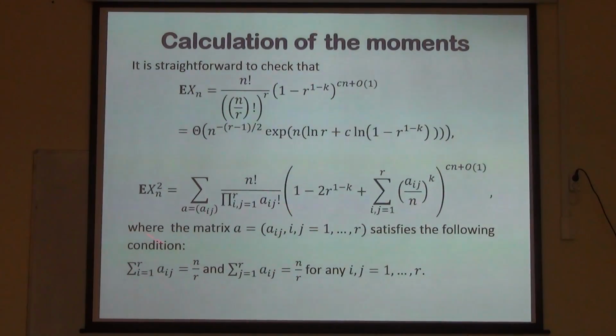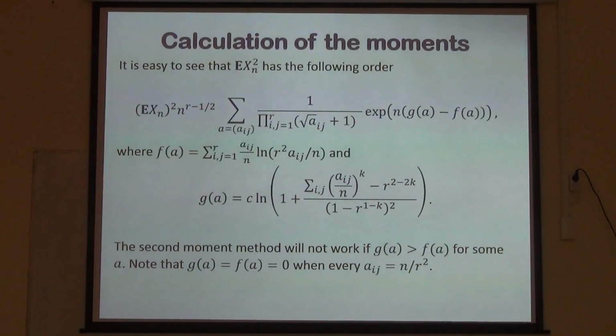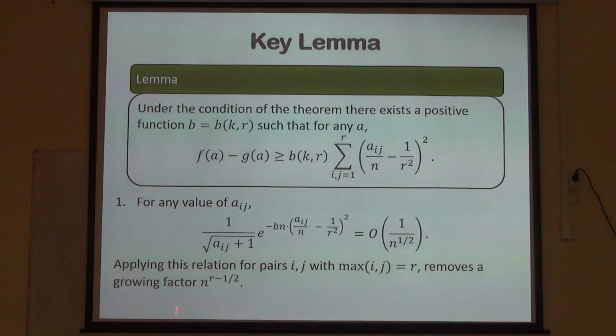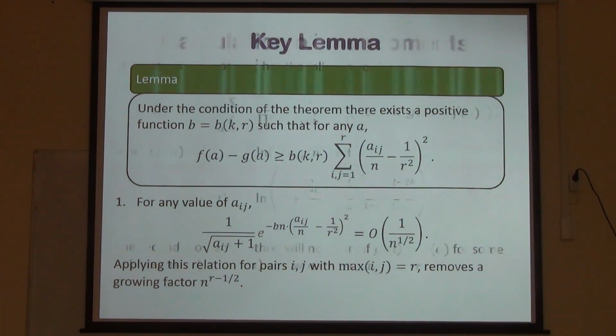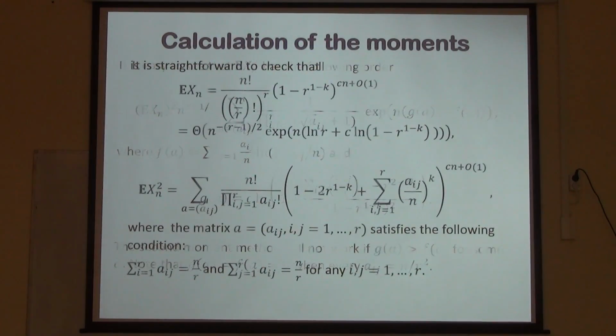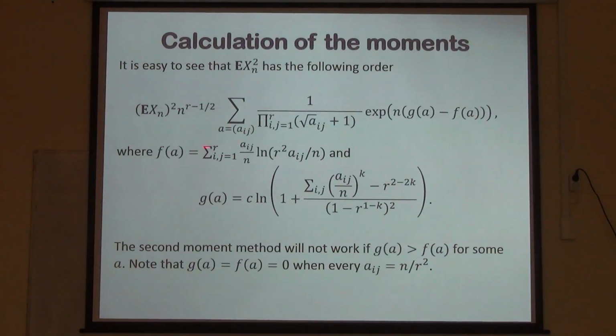So the number of parameters is (r minus 1) squared. We have a lot of free parameters, which allows us to use them, applying this relation to pairs, for example, Ij such that the maximum of i, j is r, so the last column and the last row, and this will remove this growing factor n over r minus 1.